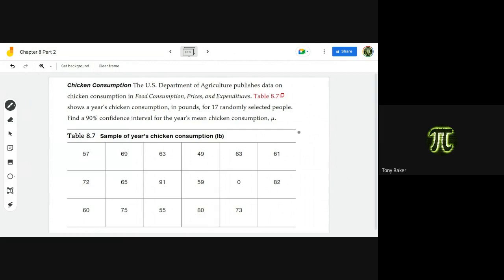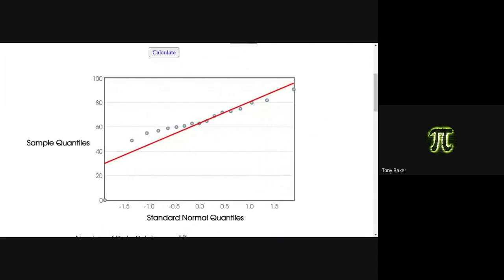So before I go through and do the standard deviation and the mean, let's see if this is normally distributed. So if I put all my numbers in there, I get this.